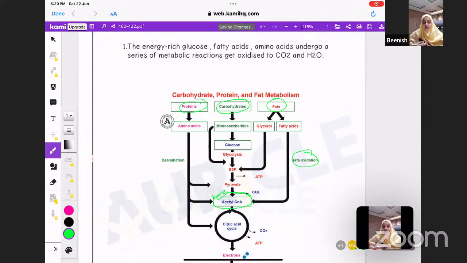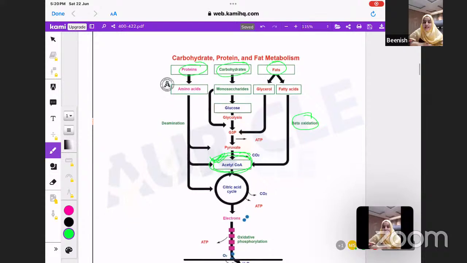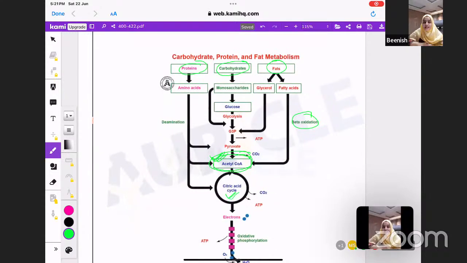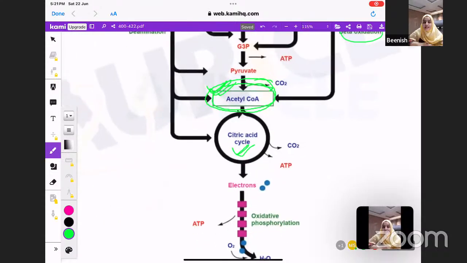Your ketogenic amino acids also give you acetyl-CoA. So ultimately, all the macromolecules in the food are converging at acetyl-CoA.